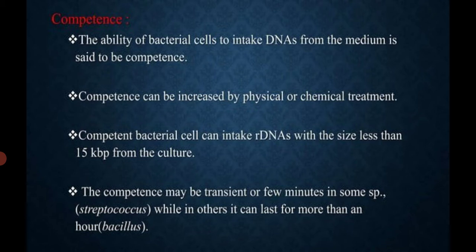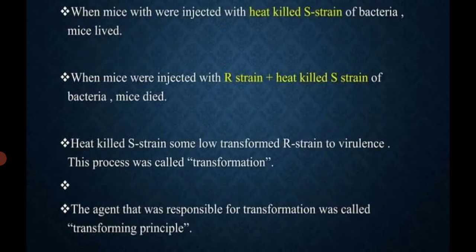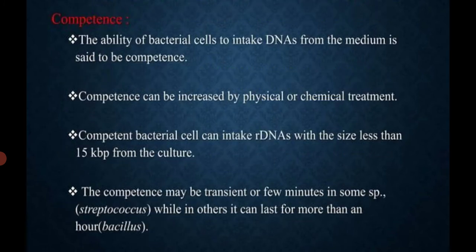The ability of a bacterial cell to take up DNA from the medium is called competence. Competence can be increased by physical or chemical treatment. A competent bacterial cell can take up DNA with a size of less than 15 kilobase pairs.